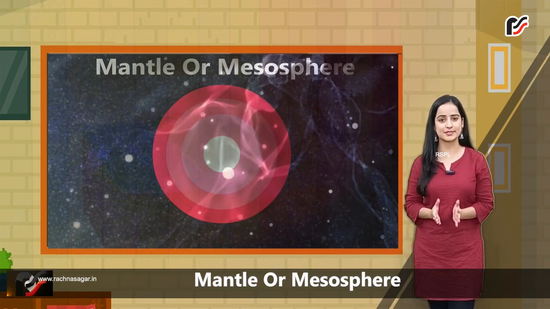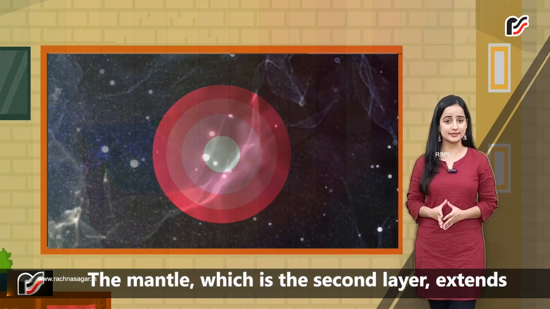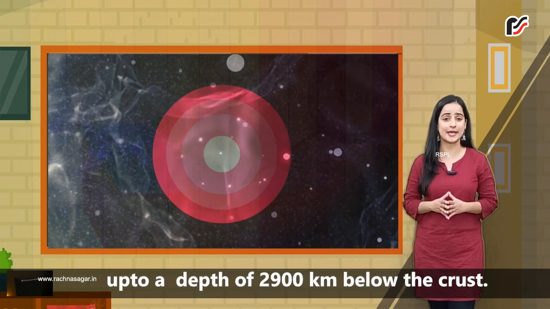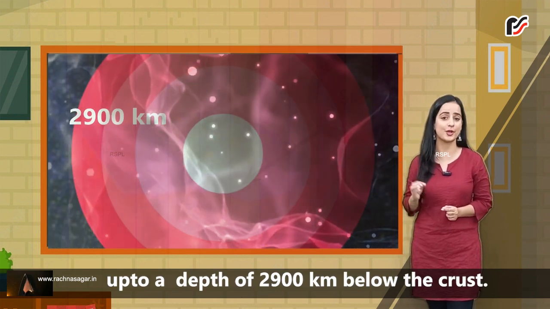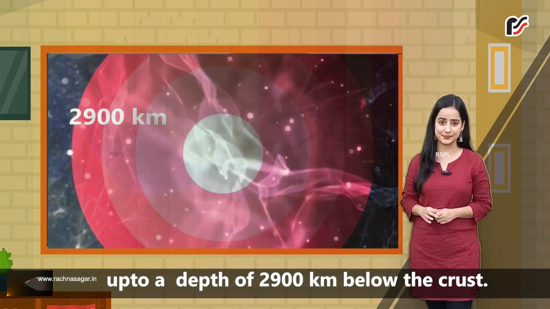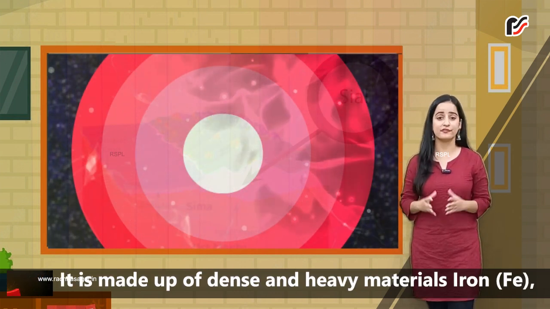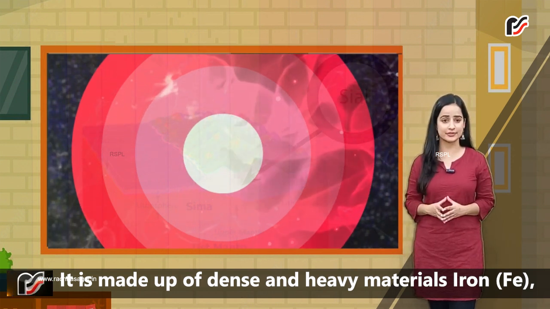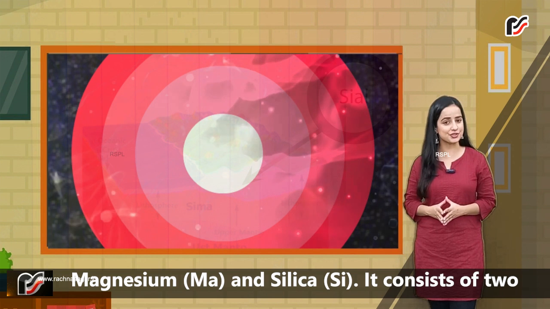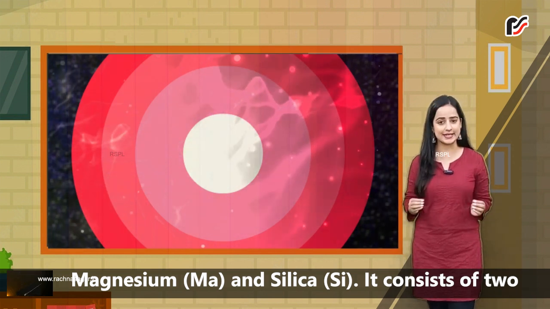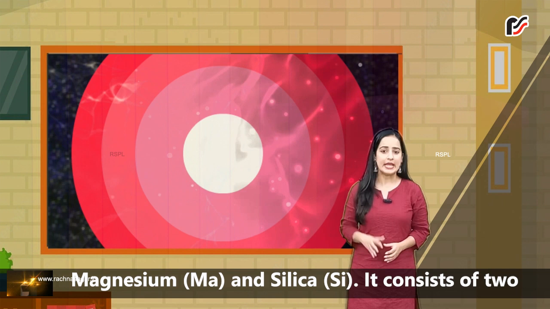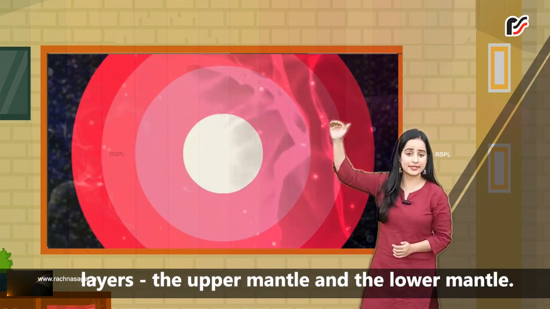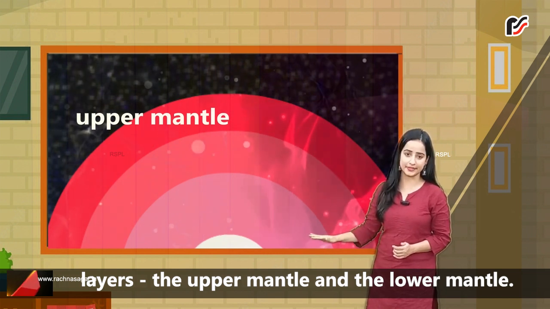Mantle or mesosphere. The mantle, which is the second layer, extends up to a depth of 2900 km below the crust. It is made up of dense and heavy materials such as iron (Fe), magnesium (Mg), and silica (Si). It consists of two layers, the upper mantle and the lower mantle.